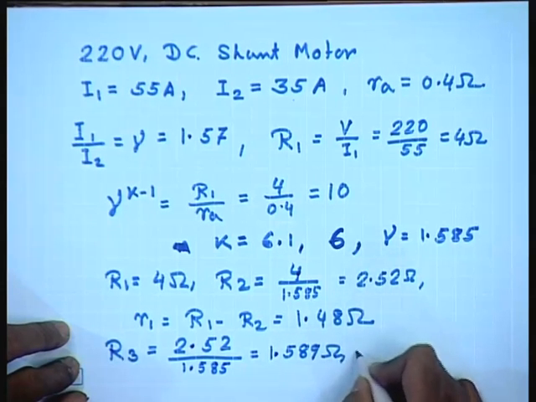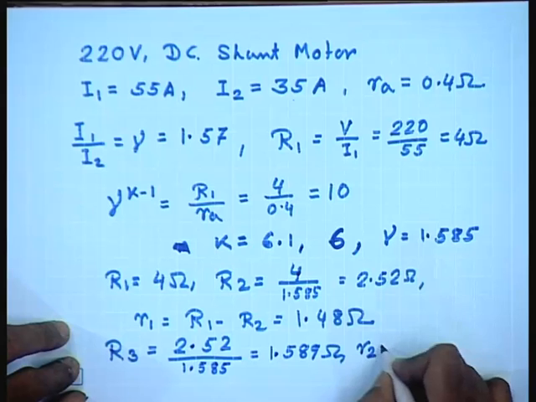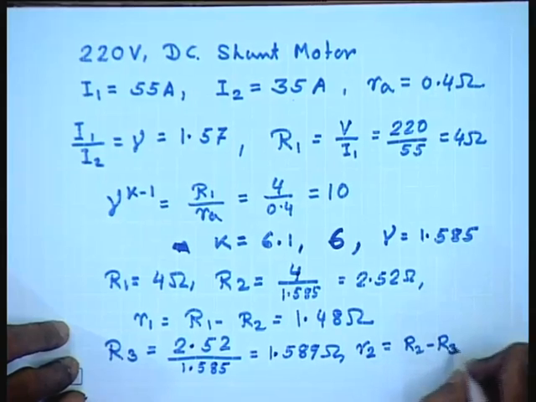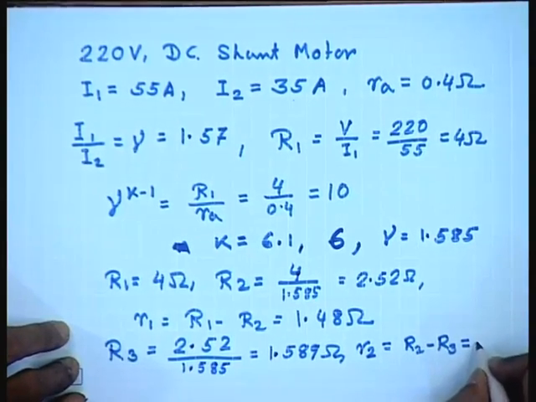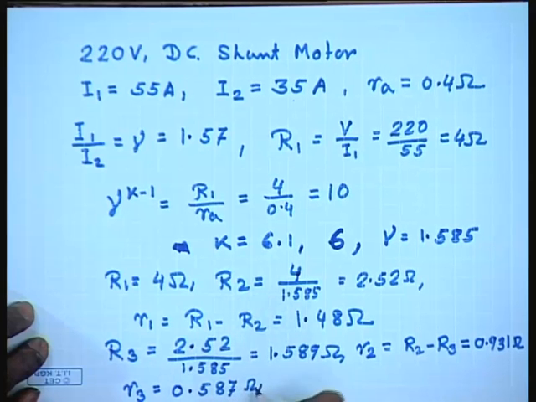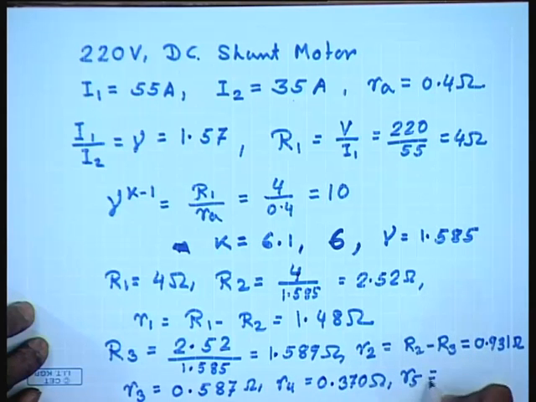Hence, small r2 equal to capital R2 minus R3 equal to 0.931 ohm. In the same manner, we can proceed and find out r3 equal to 0.587 ohm, r4 equal to 0.370 ohm, and r5 equal to 0.235 ohm.